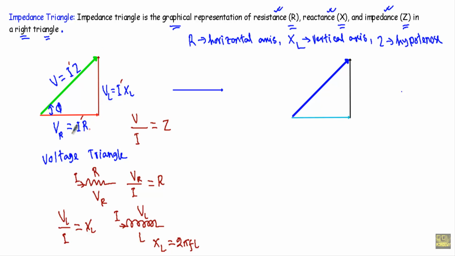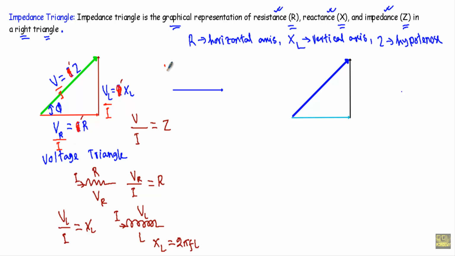We have VR equal to IR, VL equal to IXL, V equal to IZ. If I divide V with I, I will get the impedance. If I divide VL with I, I will get XL, and if I divide VR with I, I will get our resistance.